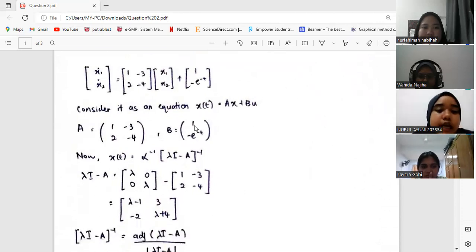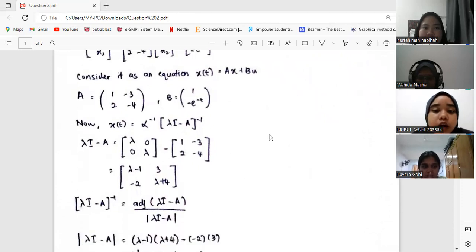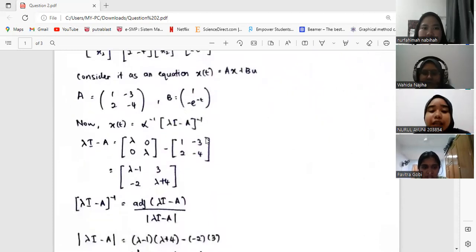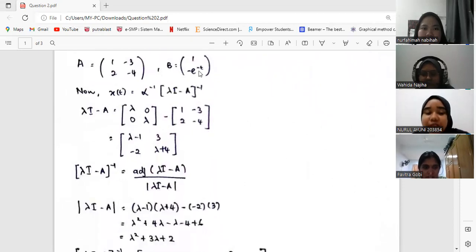Considering it as the equation x dot equal to Ax plus Bu, we get A as [1, negative 3; 2, negative 4], and B as [1; negative e power of negative t].